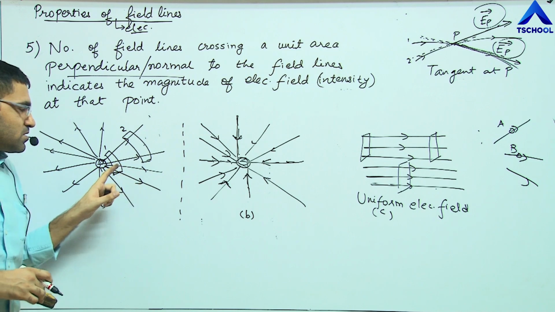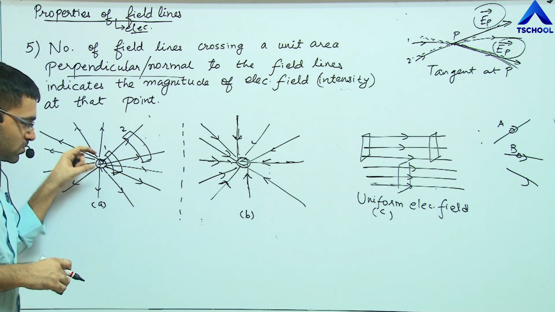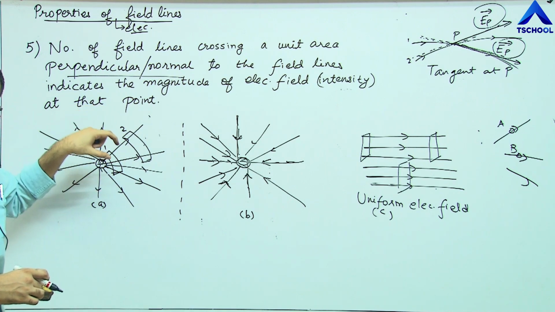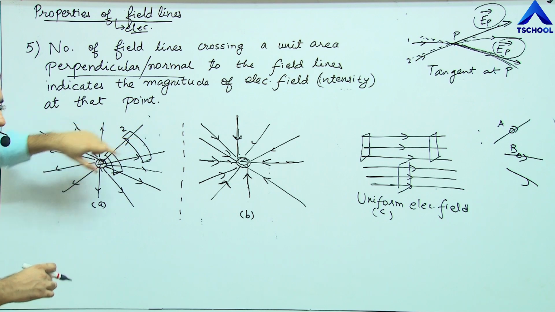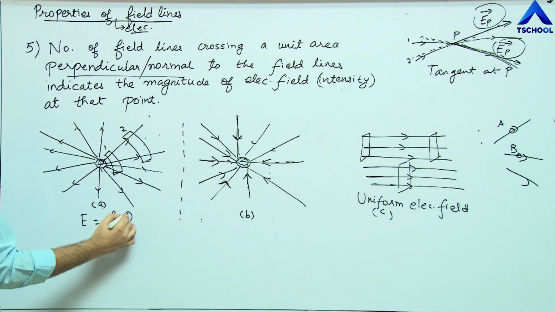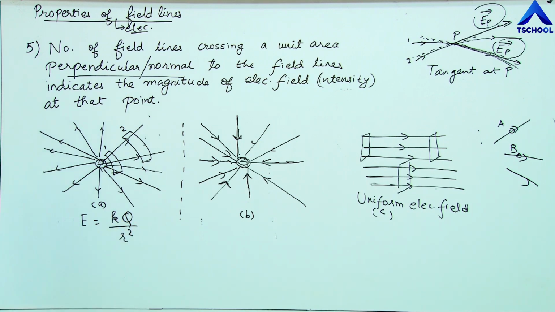Okay, that's because over here, close to the point charge, the magnitude of electric field is more compared to this far. That's because of the fact that, due to a point charge, the magnitude of electric field is given by E equals kq by r squared.